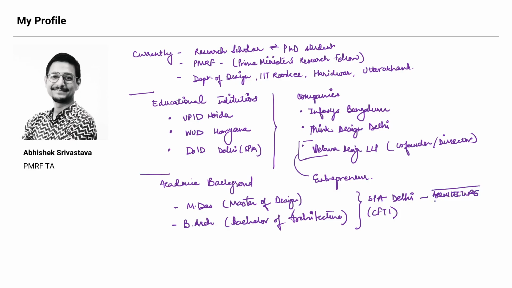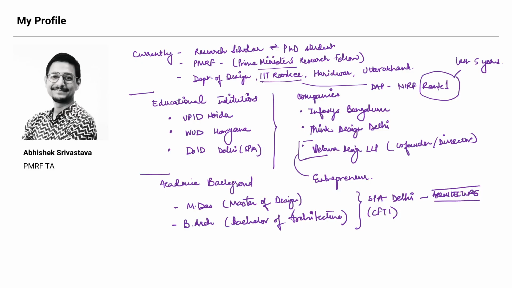By the way, IIT Roorkee's Department of Architecture is currently NIRF rank 1, and that has been the case for the last 5 years. That is a big thing which they've been able to manage.